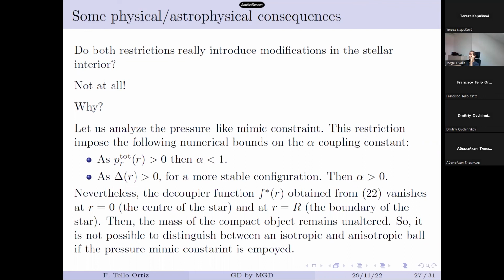It's different, but I am not going to discuss this here, okay? Because this is just an introduction, as I told you at the very beginning of the talk. But I want to show you the consequence in using at least the pressure-like mimic constraint and how to generate viable solutions from the theoretical point of view, from the physical and mathematical point of view, using gravitational decoupling by means of minimal geometric deformation approach.